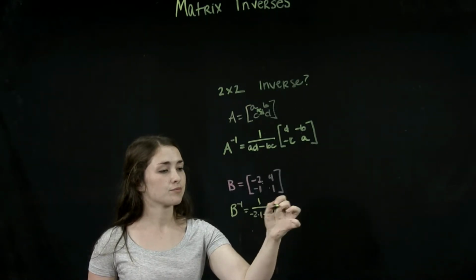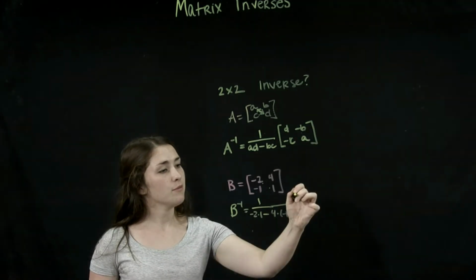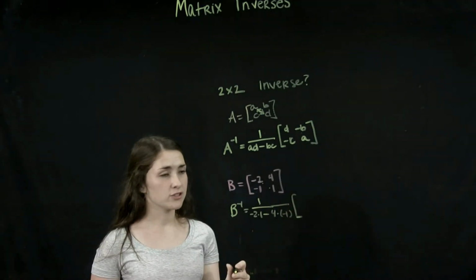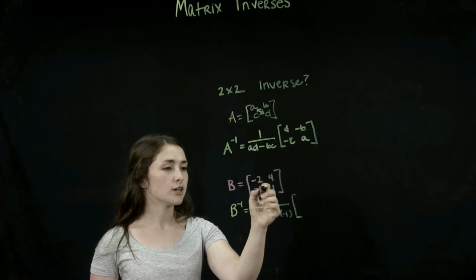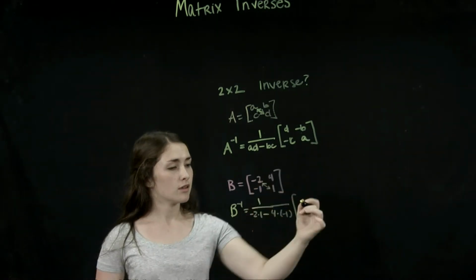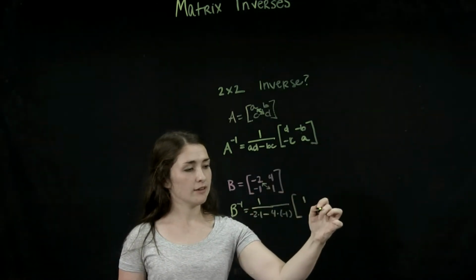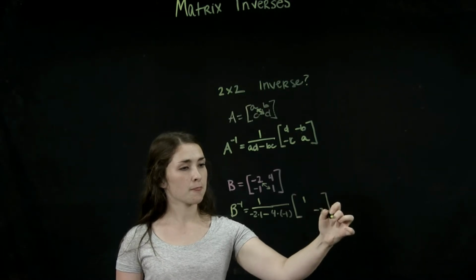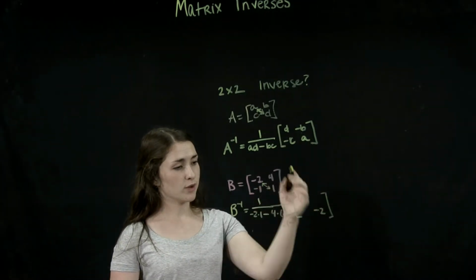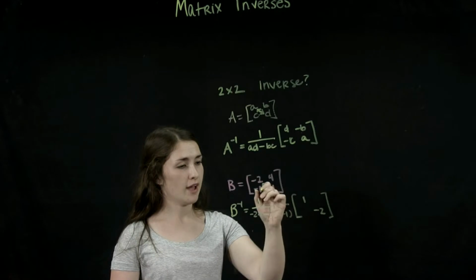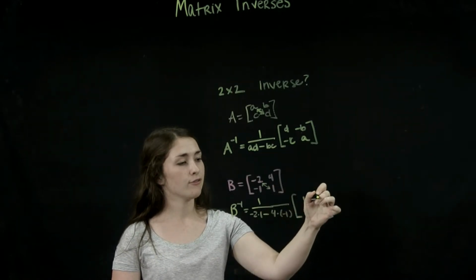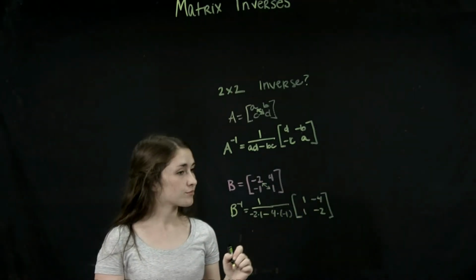And we're going to multiply that by this matrix where we switch these two terms. So then we have a 1, negative 2. And then we're going to just swap the signs here. So then we'll have a 1 here and a negative 4 up there.